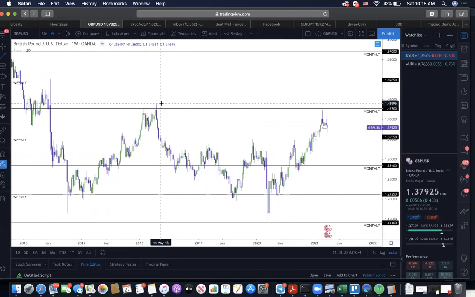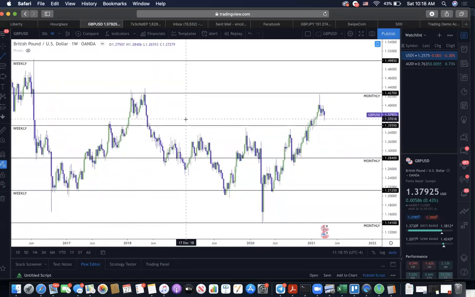It's going to take some time. It might take all the way next year, possibly, or 2 years from now. Who knows? But this area right here hasn't been taken out yet. We had a double top that went and dumped and never came back.